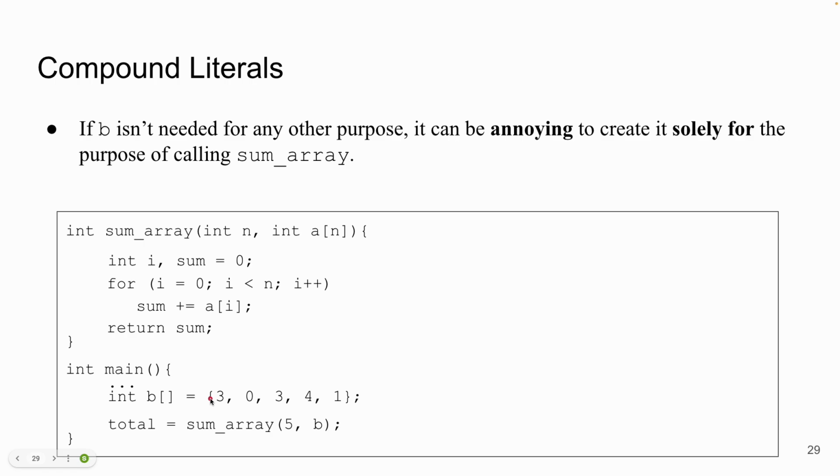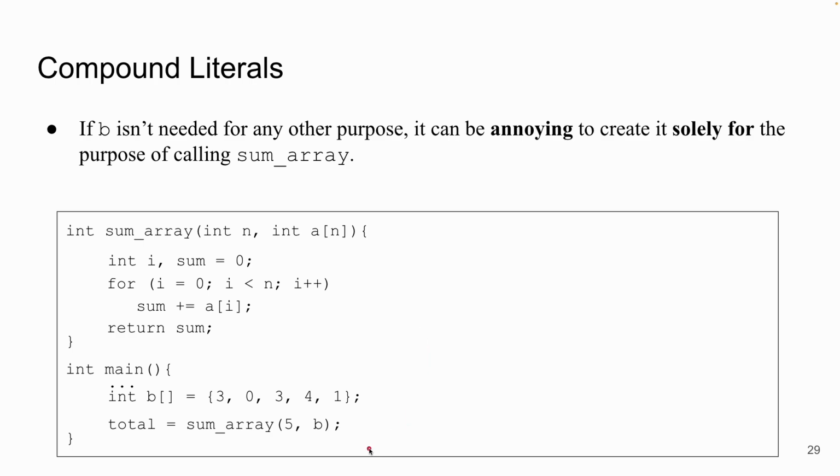So if B only appears once here, it can be annoying to create an independent array B only for the purpose of calling sum array, right? Maybe in this case, I just want to sum the multiple numbers all together, but this series of integer numbers will not be used in the following lines.